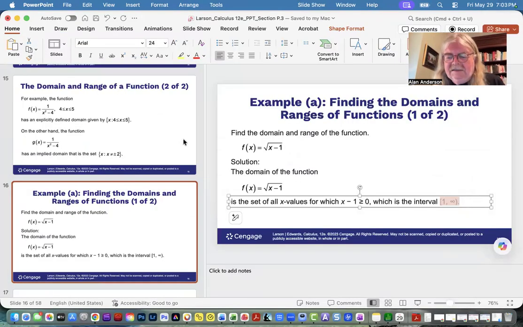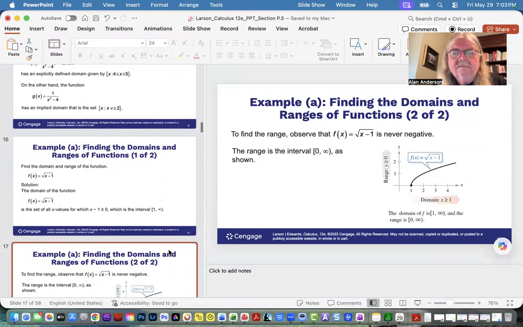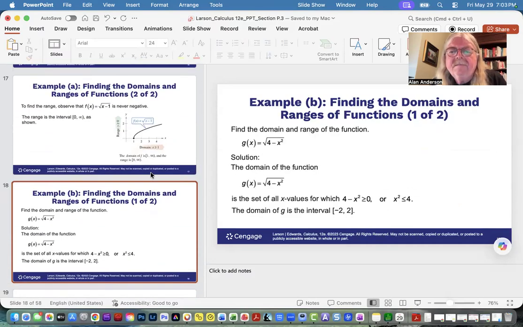That's what they're explaining right here.